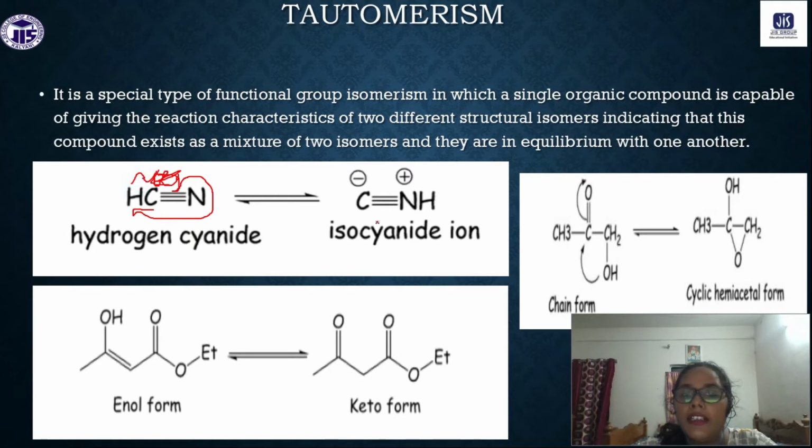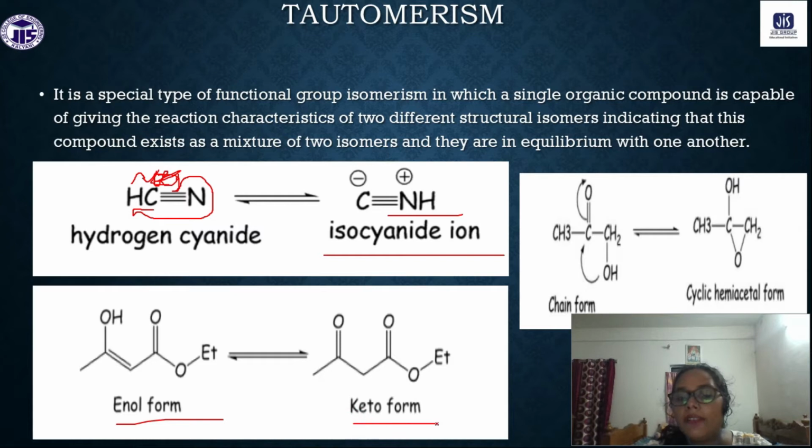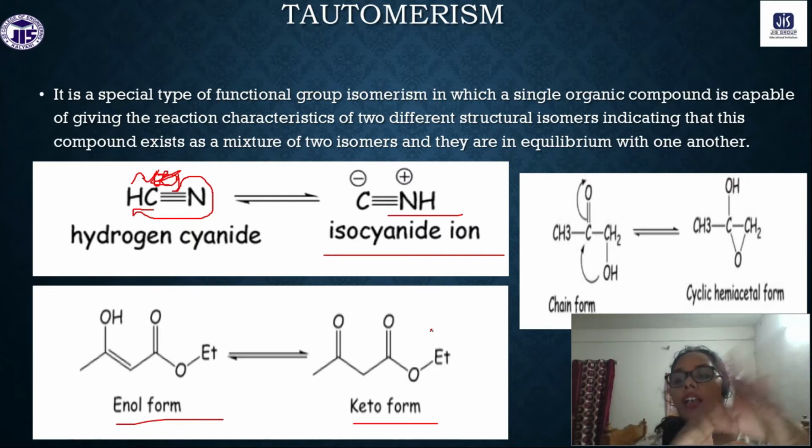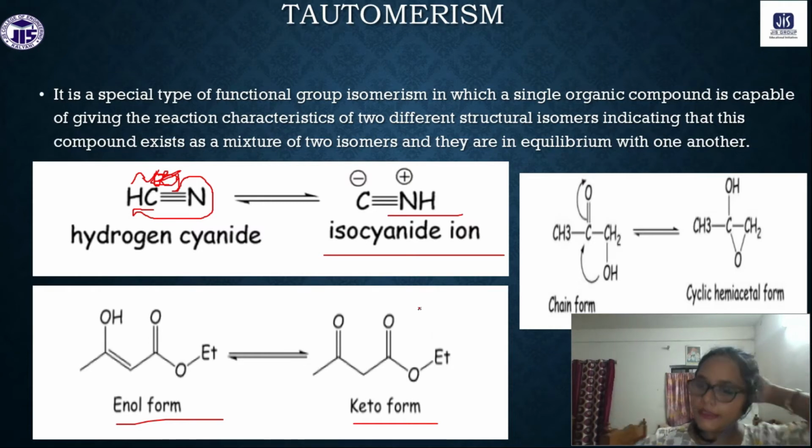So we have the carbanion, and here the isocyanide ion will be produced, and here we have the enol form, and that enol, by electronic delocalization, can also form the keto form. So these are some of the tautomerisms. For their stability, the electrons will be delocalized over the molecule, and thus they form tautomers.